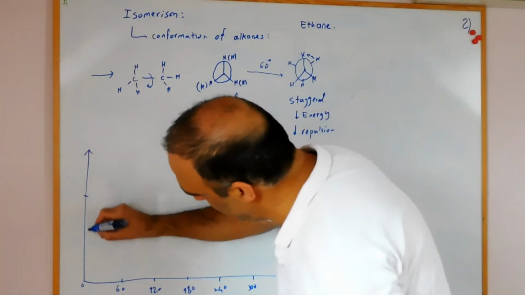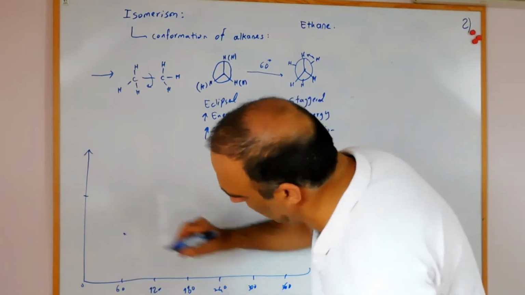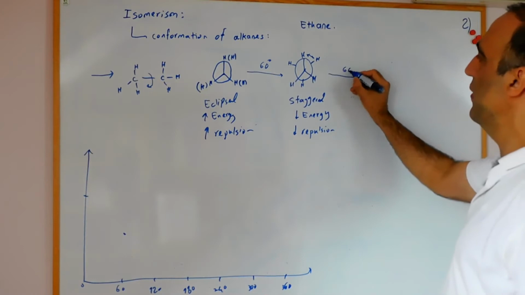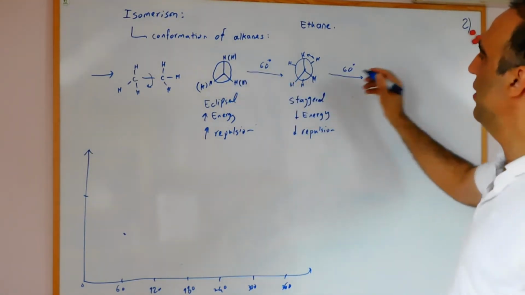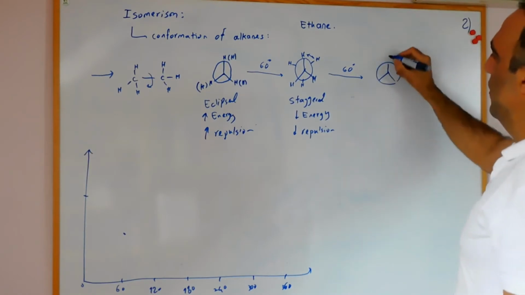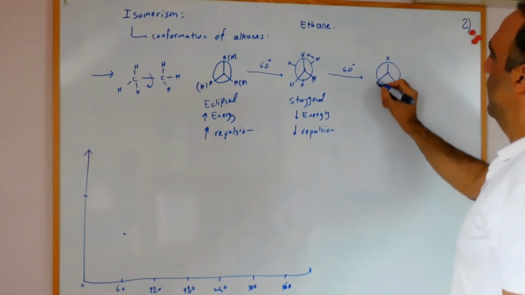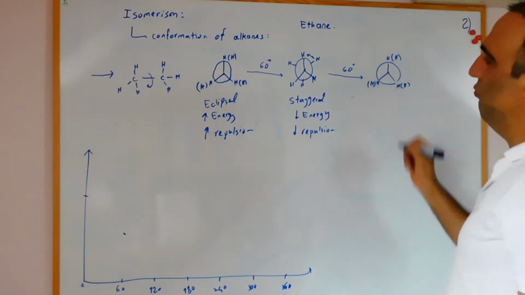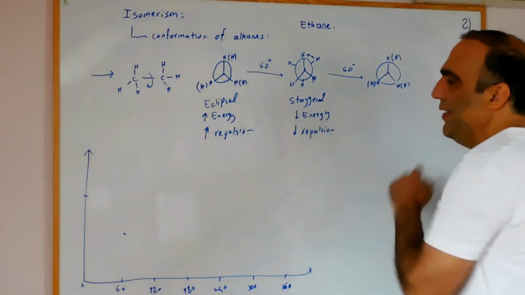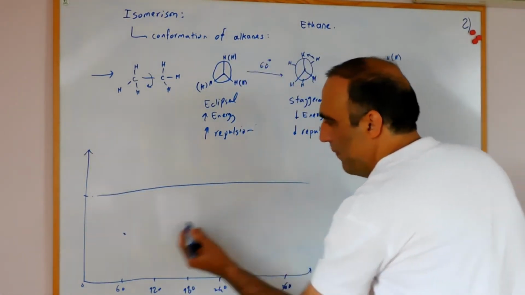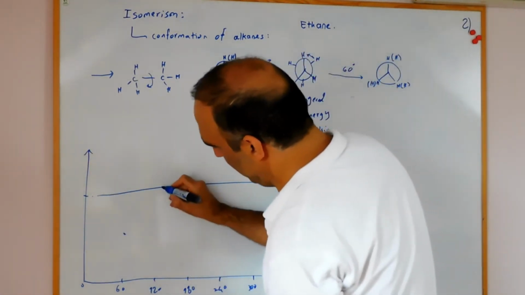I can show less energy, for example at 60, I choose this one. If I again rotate 60 degrees, fortunately, I will have the same shape as at 0. Because it is exactly the same, I can make a line like this one. At 120 again.